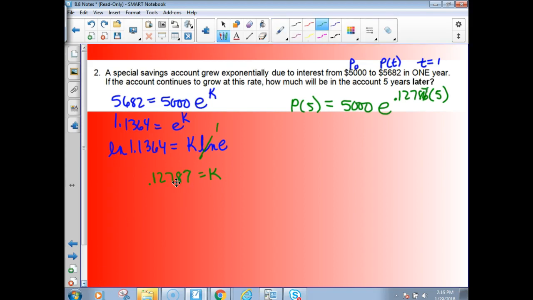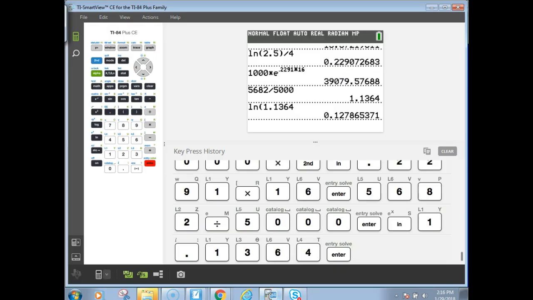Okay. Being reminded that I had rounded incorrectly, I went 1 more decimal place than I had when I did these notes before. 0.12787 is what I should have had for my k value if I'm going to go 5 decimal places. I like to go 5, but 4 is probably sufficient.